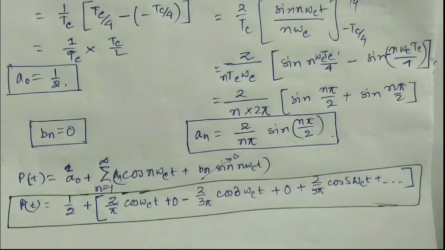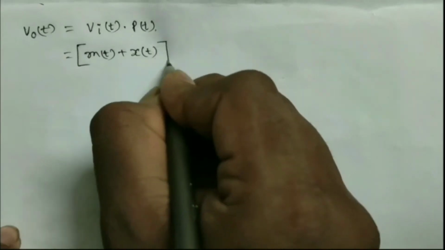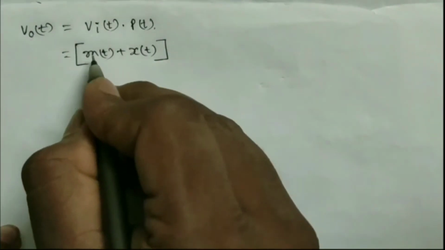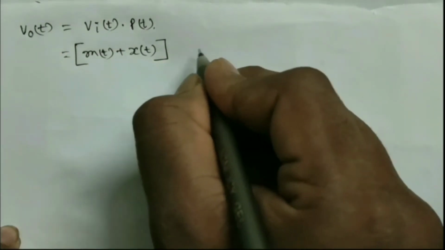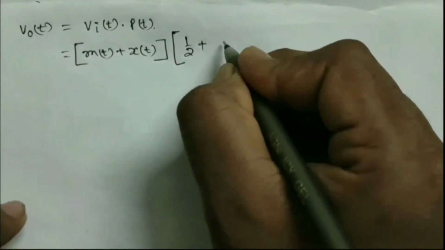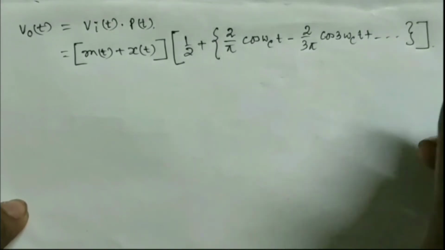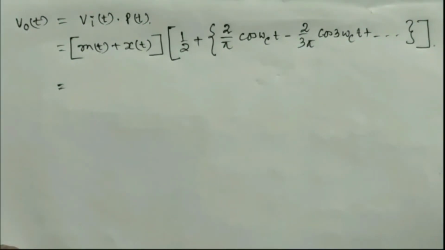And after putting these values in the equation of p(t), we will get p(t) equals this. Now Vo(t) is Vi(t) into p(t), and if we consider that both the signals are added, then Vi(t) will be m(t) plus x(t), into half plus this. After solving, this is the result.